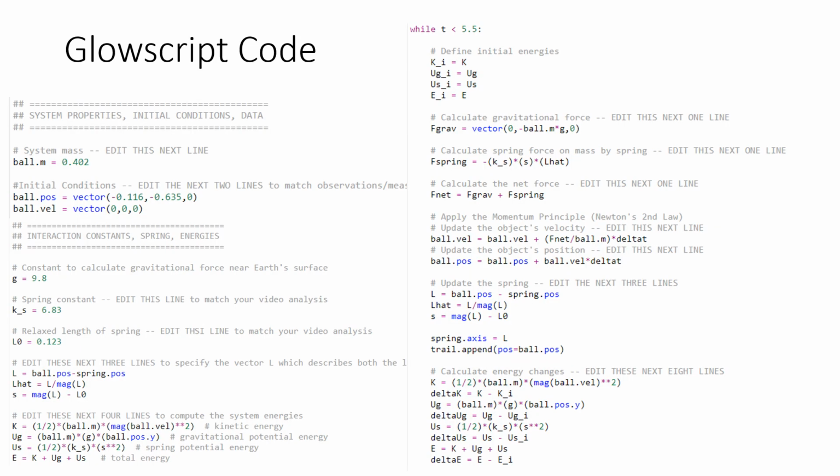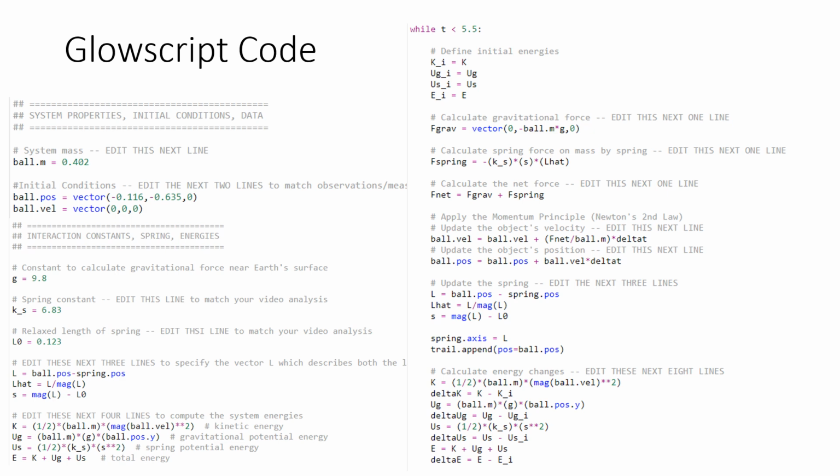Here's the GlowScript code. You can see the initial positions on the left. The mass of the ball was given to us to be 0.402 grams. And then we have the gravitational constant. The spring constant was given to us, and the L naught was given to us to be 0.123 meters. And then the position vector is from the video that I just showed.